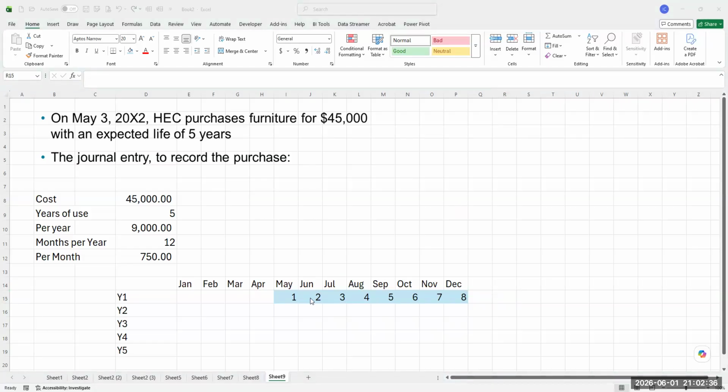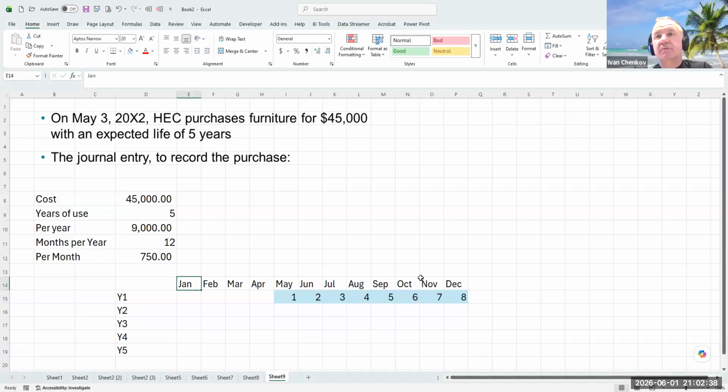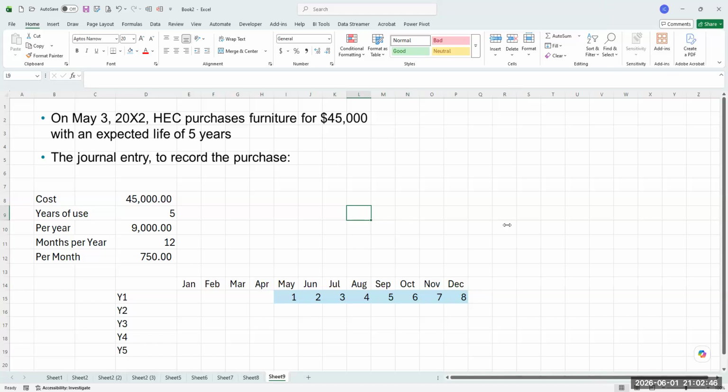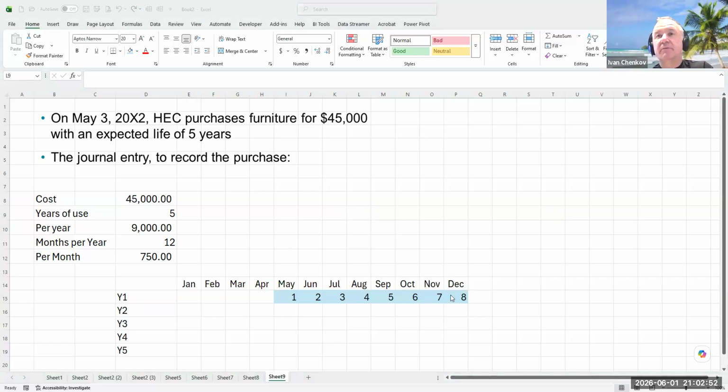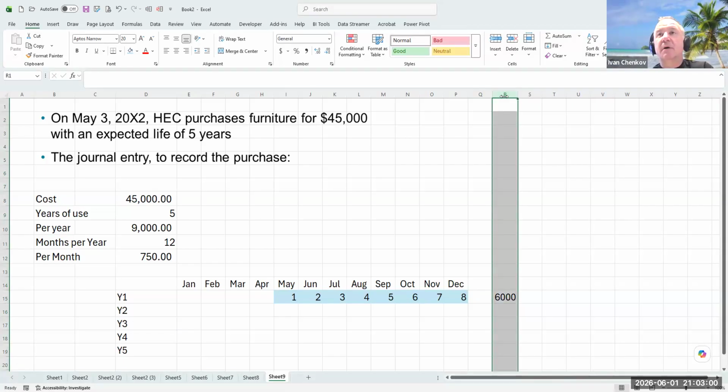Are you guys with me? What do you think? $6,000. That's correct. Why? Because I have 8 months, 750 per month, $6,000. No questions about it.